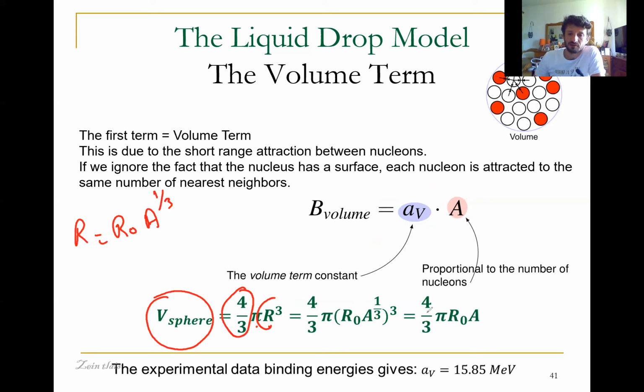We get here 4 divided by 3 pi r0 cube times A, only A. So the volume is directly proportional to the mass number A. Okay, we go to the second.